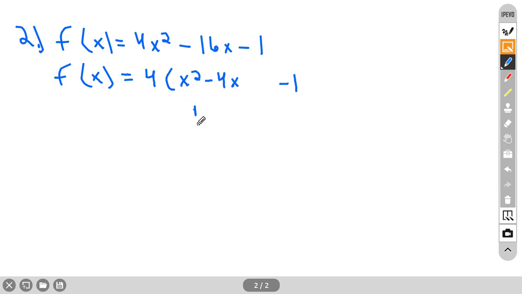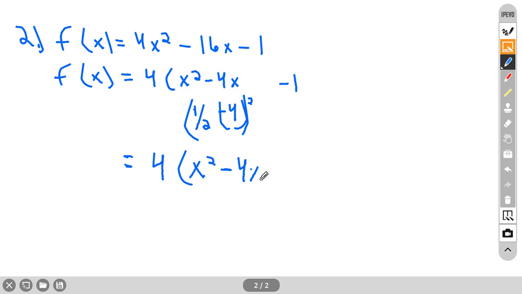The next thing we need to do is complete the square on this middle part. To complete the square, I'm going to take 1/2 of this number right here, which is negative 4, and square that. So 1/2 of negative 4 is negative 2, and negative 2 squared is 4.